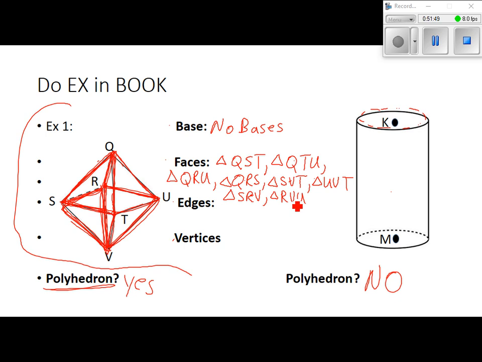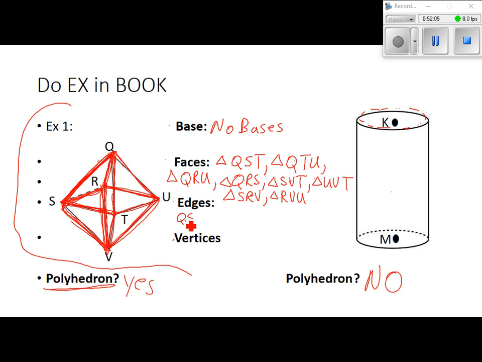The edges, remember that the edges are just each segment. So we're just going to use our segment symbol and name each segment. Hopefully I don't miss anything here. There should be 12 edges.